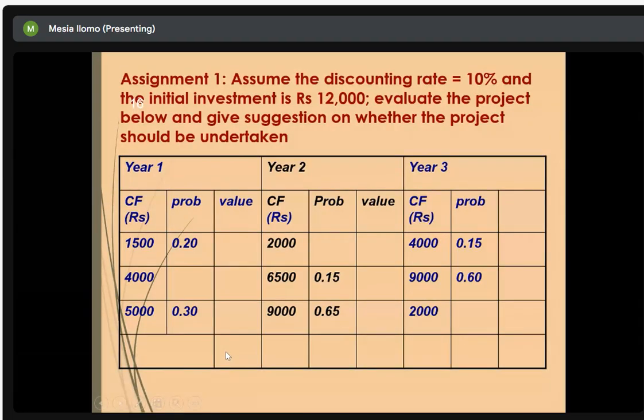So that was the expected value here. And for year two? 7,225. Okay, for year three? 6,500. Okay, so those were expected values. Those are the ones we call the mean, so those are mean cash flows.